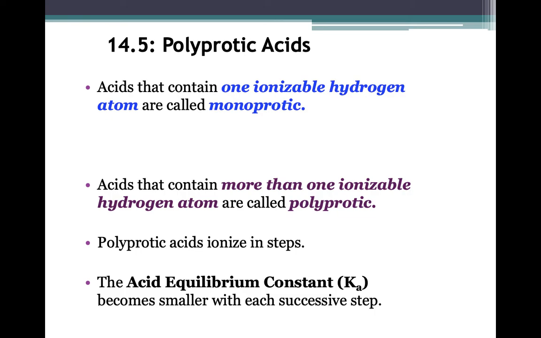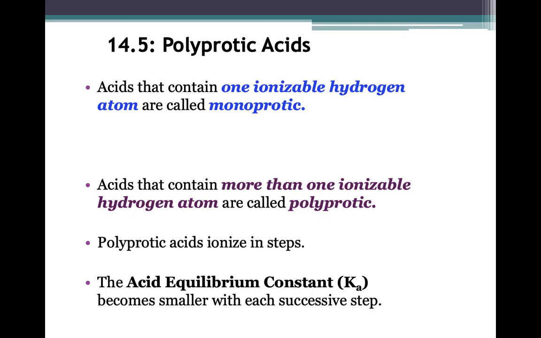We write that right below it, and so we would dissociate that. Acids that have more than one ionizable hydrogen atom are called polyprotic. If I tell you that something is monoprotic, I'm telling you there's only one hydrogen that comes off, no matter how many hydrogens are in that structure.